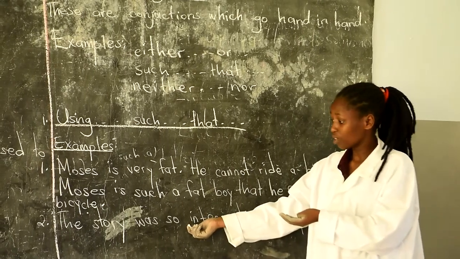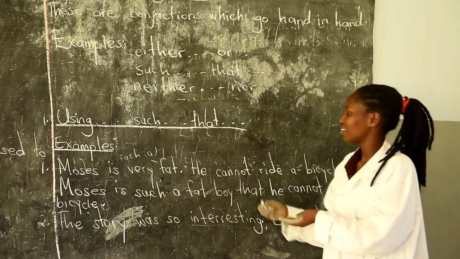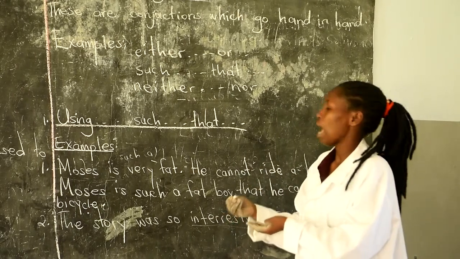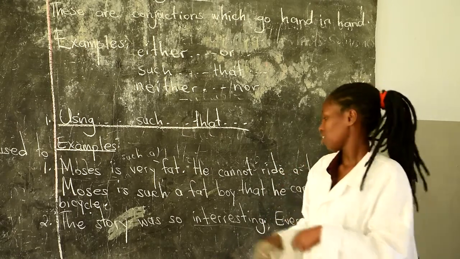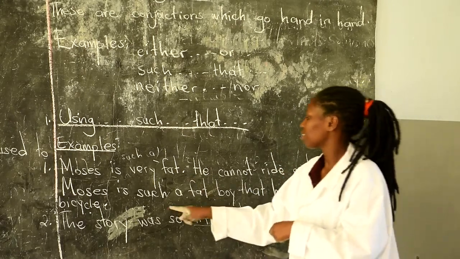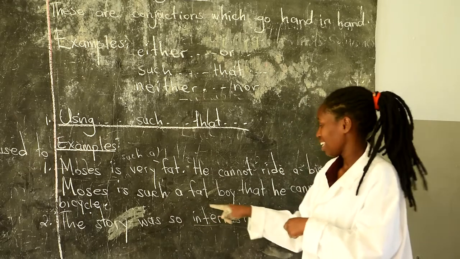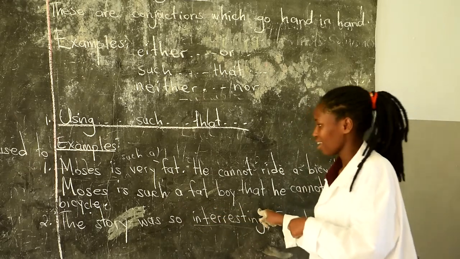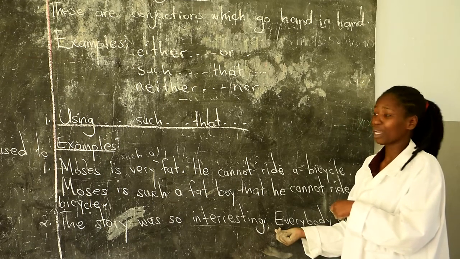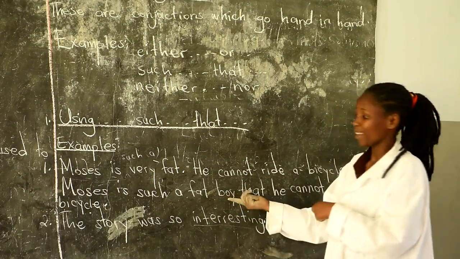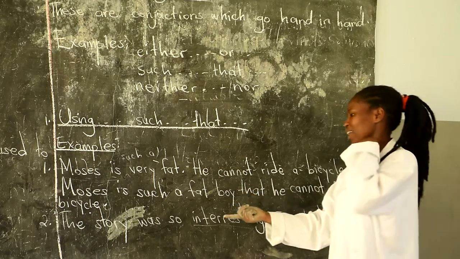You cannot say the story was such interesting. No. That is wrong. It should be the story was such an interesting. Which noun are we going to use here? Here we use boy, because Moses is a boy. What about a story?